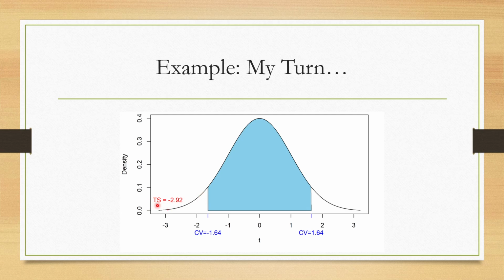This is way out. Remember, we talked about that last time, way out. And so this is indicative that the data are not aligning with our null hypothesis. This is kind of where we'd expect it to fall if our null hypothesis was true, and the data just don't align with that null hypothesis distribution.